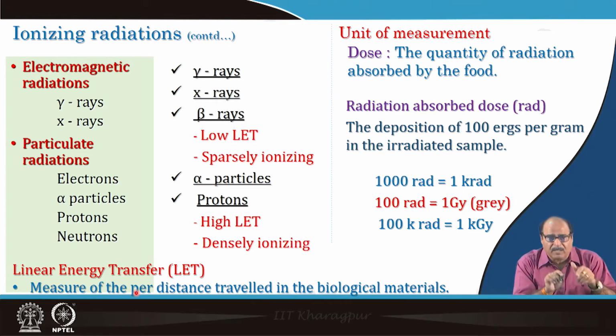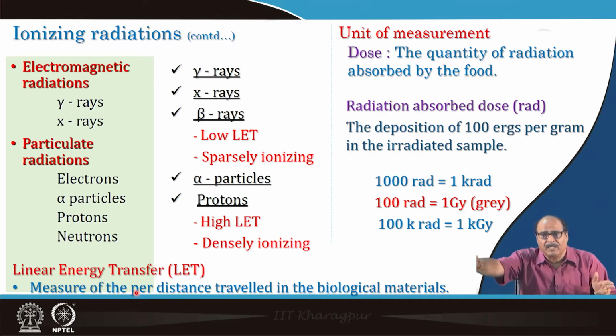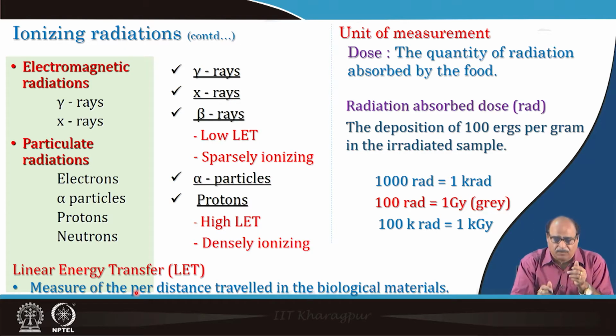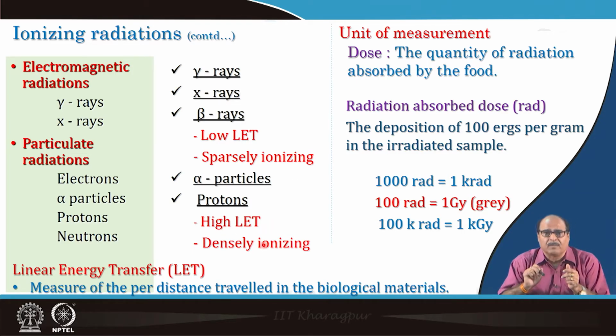Because of their high penetration power, they can penetrate deep into the material, so that the energy is dissipated over a long path. Accordingly, the energy dissipated per distance travelled is less, and therefore they are less ionizing, whereas alpha particles and protons have a high LET value and therefore are densely ionizing.